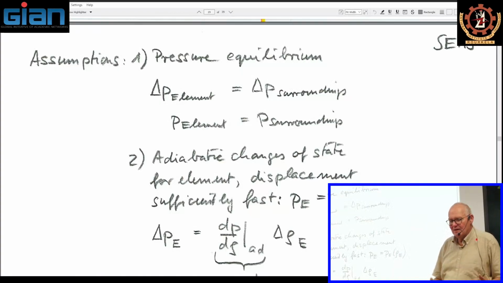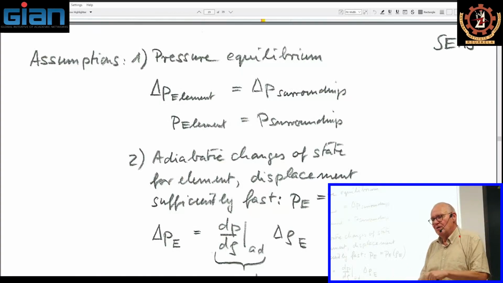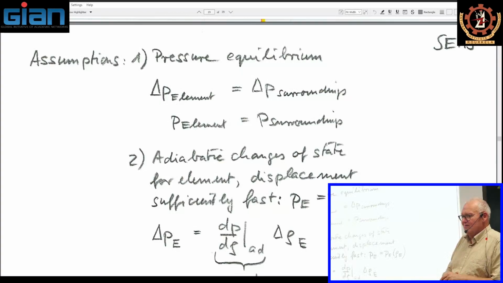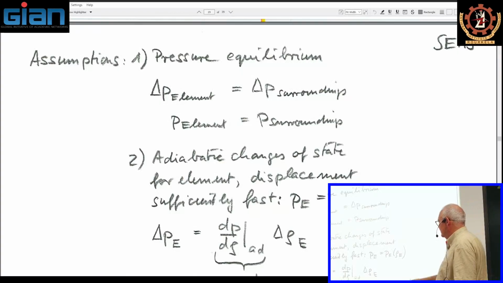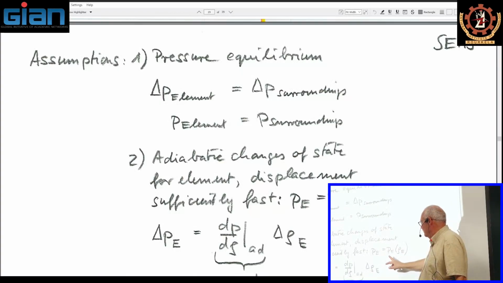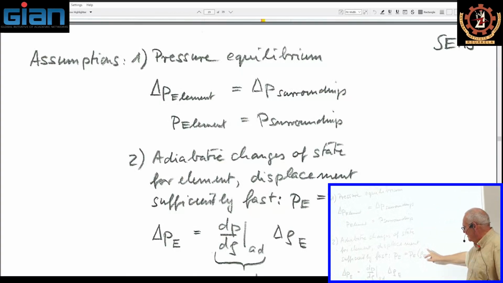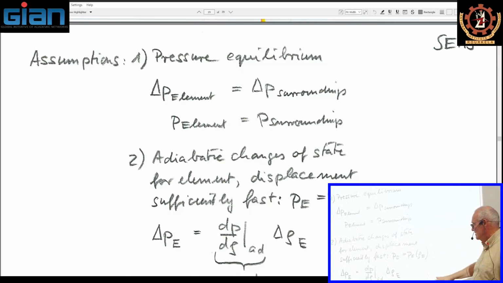Adiabatic means entropy is constant, and therefore it's only a single parameter on which the other quantities depend. We can write pressure as a function of temperature or pressure as a function of density. So the pressure of the element is only a function of the density.